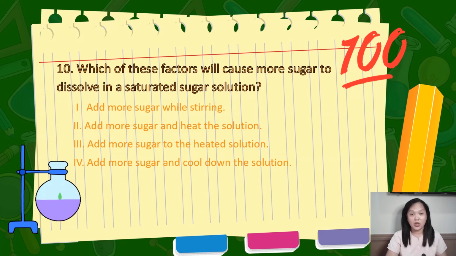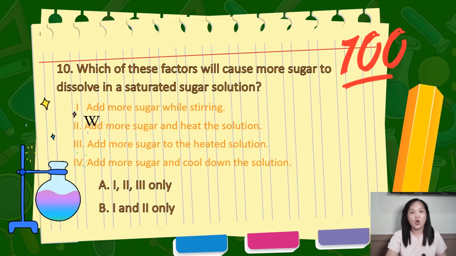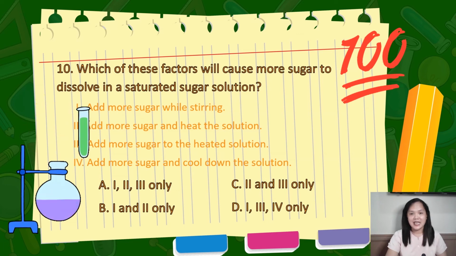Add more sugar and cool down the solution. A. 1, 2, and 3 only. B. 1 and 2 only. C. 2 and 3 only. D. 1, 3, 4 only.